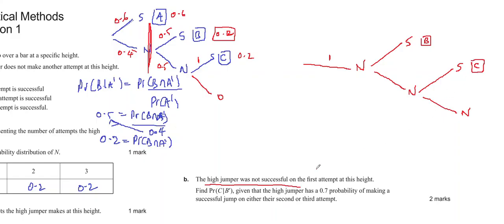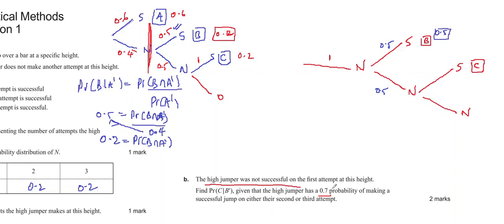And we are told that there is a 0.7 chance of making the successful jump on either their first or their second attempts. Now we know that that is 0.5 from here, and that is 0.5, which means probability of B is 0.5.